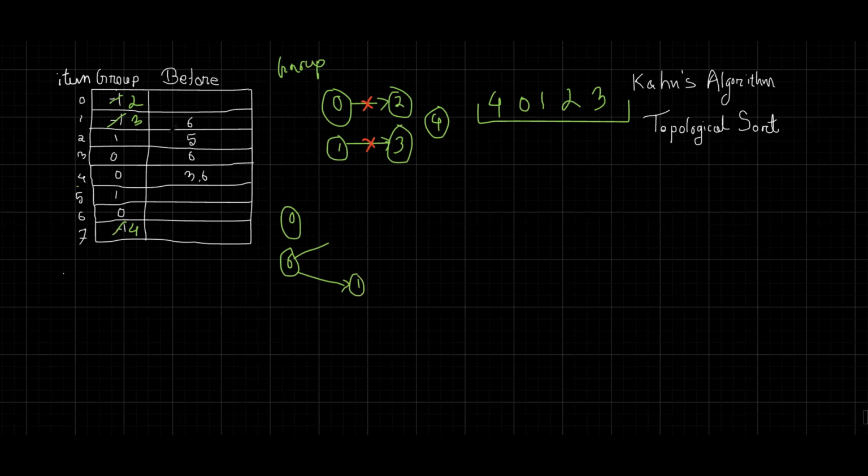Now for this 5, it has the dependency of 2. So 5 is connected to 2. That means 5 should be taken before the element 2.